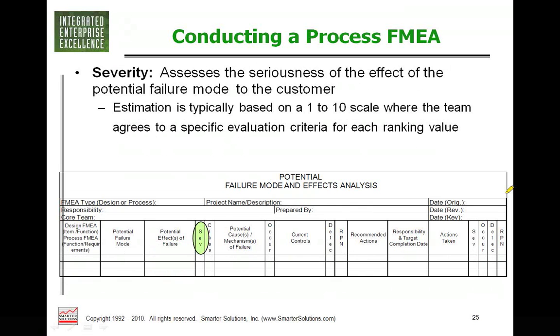So in the book I have in volume 3, I use it from AIAG. I got permission to copy from there, and it makes the criteria for an automobile. So like 10, it's disaster. I mean, the car blows up kind of thing. It's really severe. And number 1, it's maybe a cosmetic type thing. So for your particular environment, you have to agree to what's a scale of 1 to 10 for your severity.